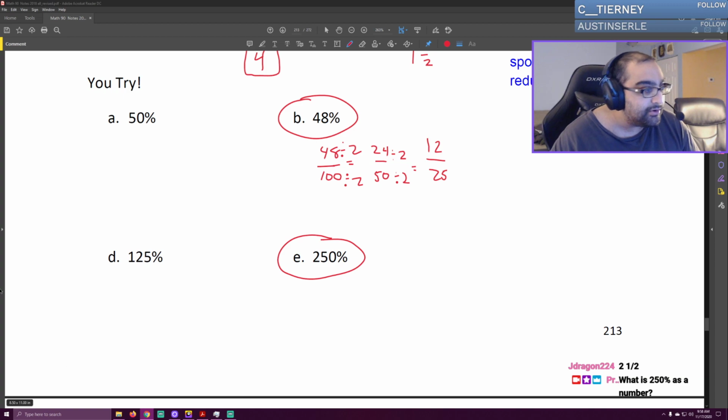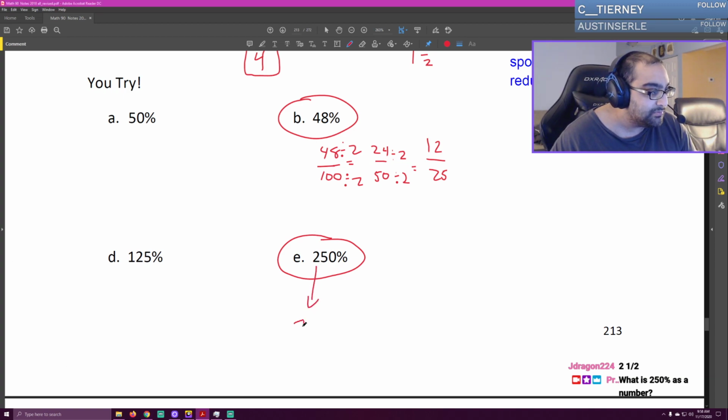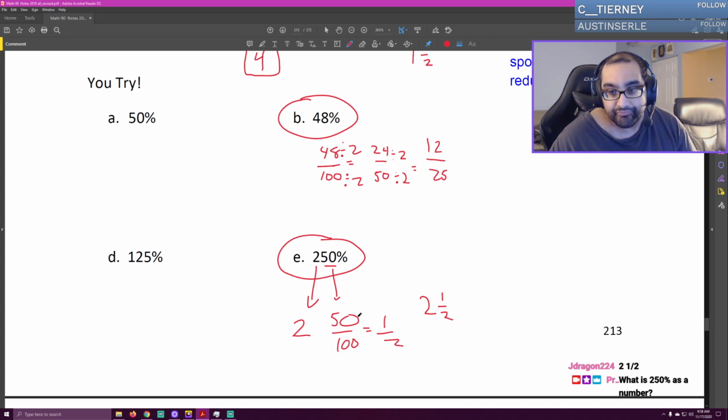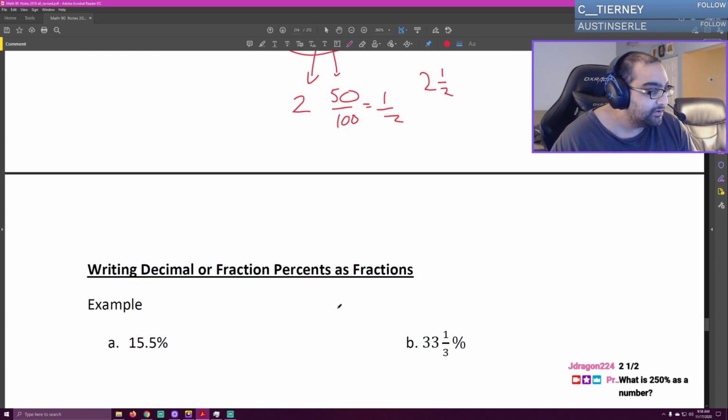Two and a half. Very good. And that's correct. So we take the 2 part here out. We leave the 50% part in. That's going to be 50 over 100. And so 50 over 100, that's equal to 1/2. So that's 2.5. Nice job. That's correct. Very good.